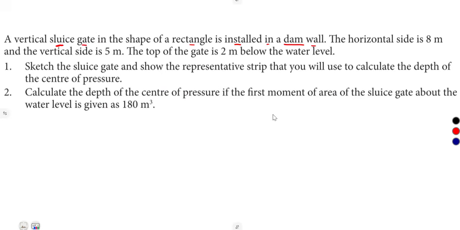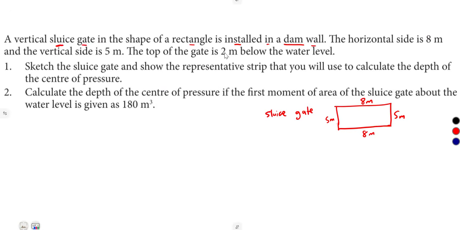We are given our sluice gate, guys. Remember, we've got the gate and the dam. So our sluice gate is in the form of a rectangle here, with the horizontal side 8 meters. So that is 8 meters. The vertical side being what? Being 5 meters. So that is what we are given in our case.